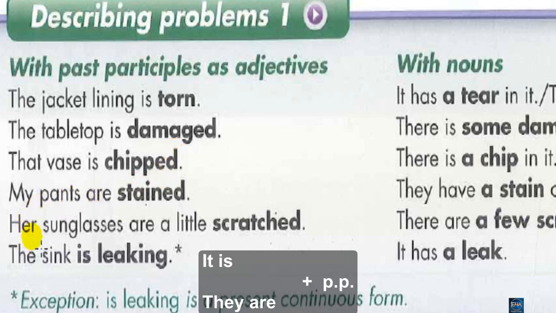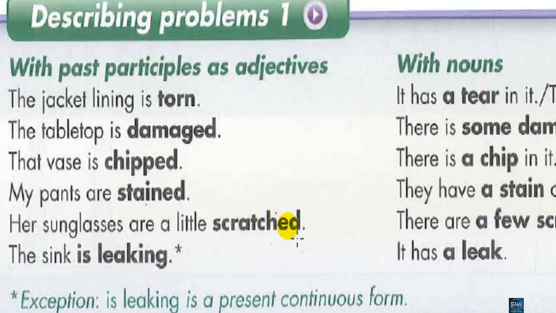If I have plural, her sunglasses are a little scratched. So they are plus PP. Scratched is of course the past participle, but we use it here as an adjective. We have only one exception, and when I say exception, it means we don't follow the rule.